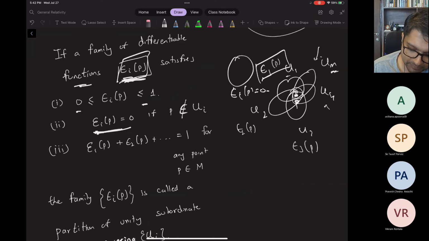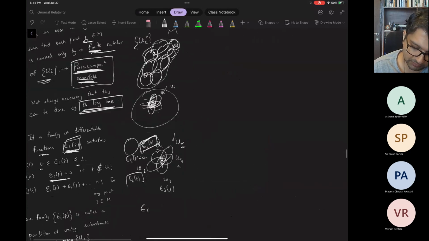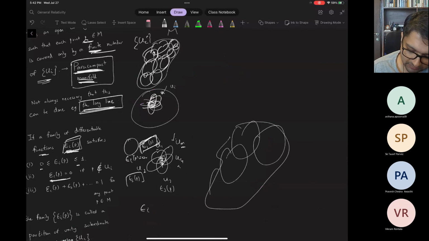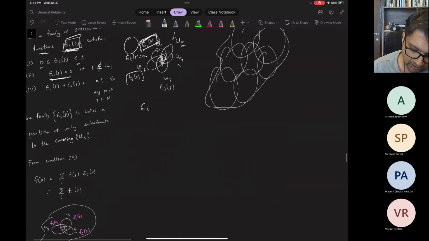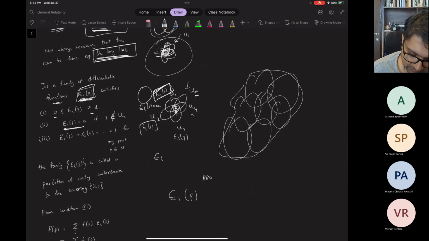And secondly, if I sum over all coordinate patches that cover the entire manifold, including the ones which don't contain P, so now imagine that I have this manifold and it's covered by all these coordinate patches, and let the total number of patches on the manifold be small m, then epsilon 1 of P plus epsilon 2 of P plus dot dot dot plus epsilon m of P, if for every open set, or every coordinate patch, there is an epsilon that I can define associated with that point, is equal to 1.